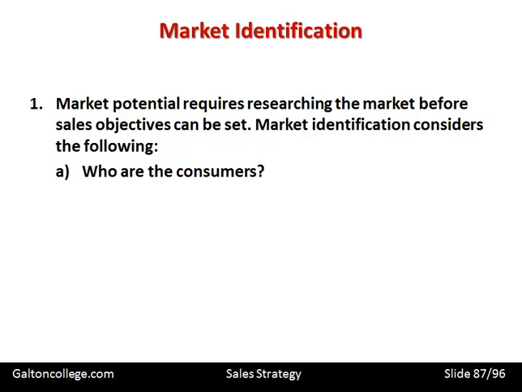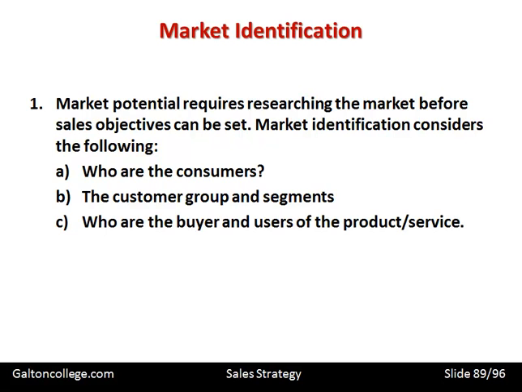So we start with the simple question, who are the customers? And look at the customer groups and segments. It could be geographic, where do people live? It could be based on ethnic origin. It could be based on history. It could be based on cultural values. It could be based on economics. What can people afford?